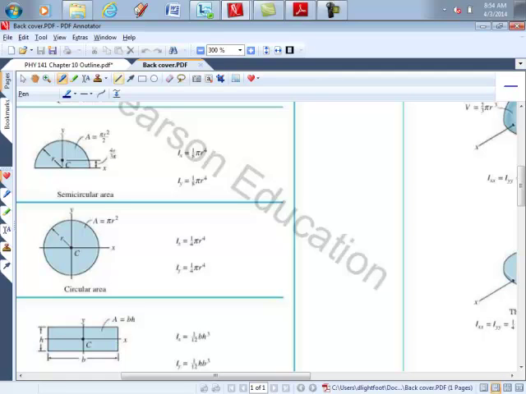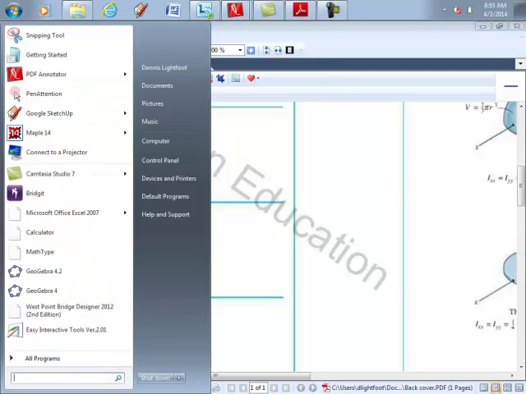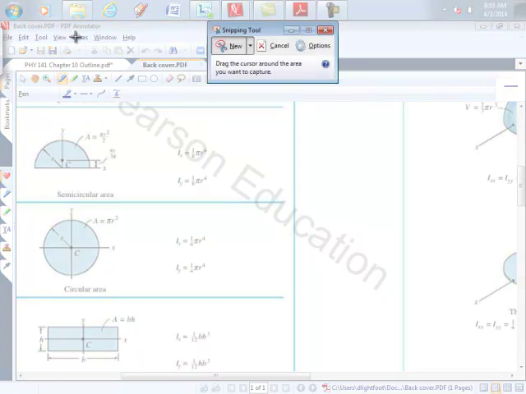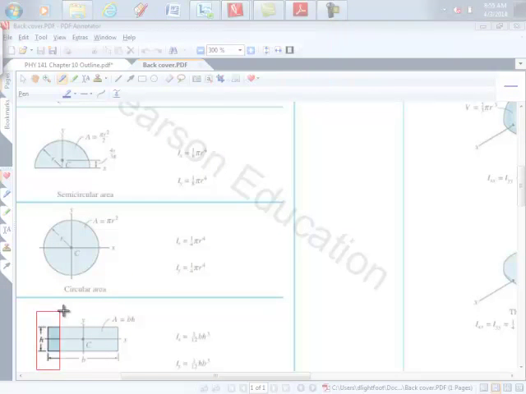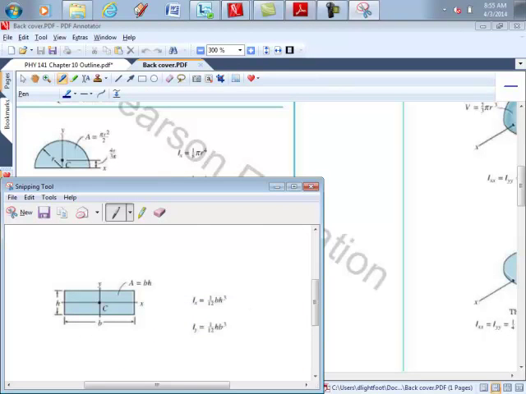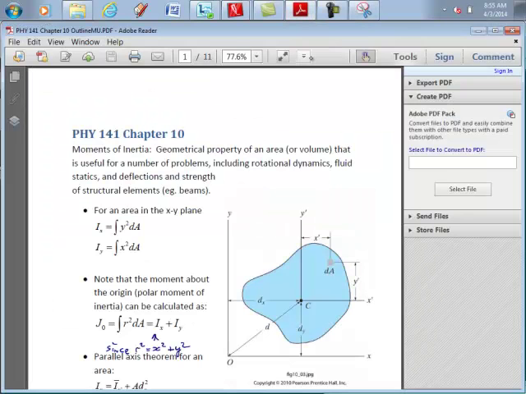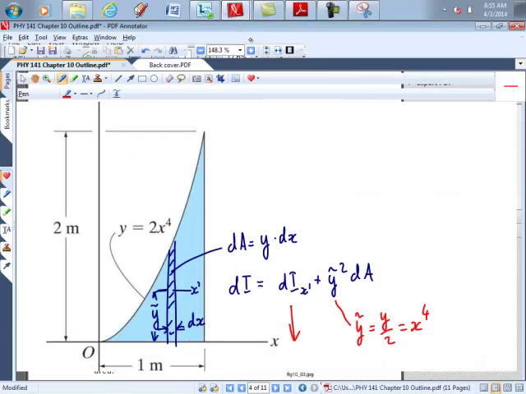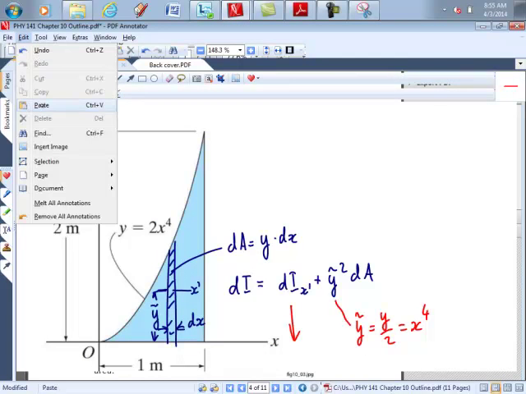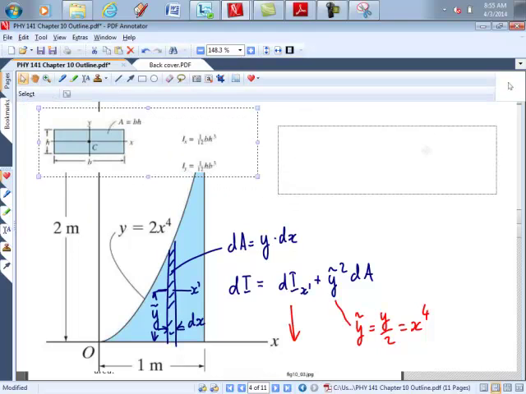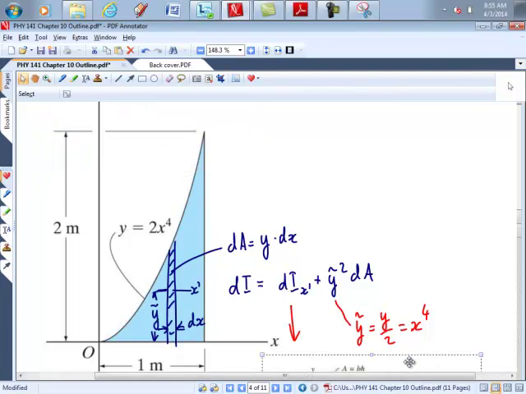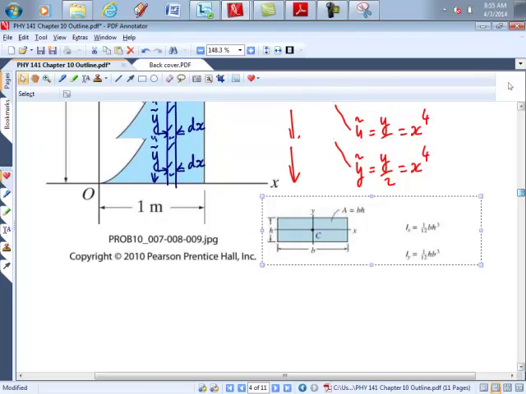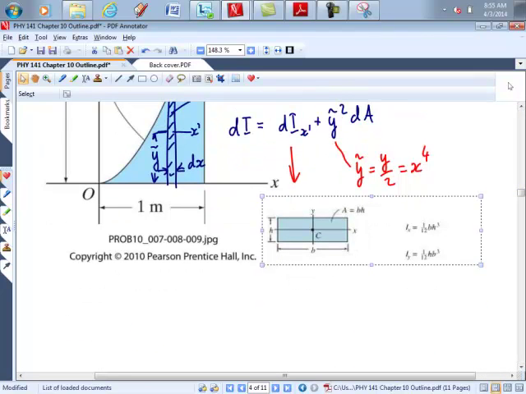So let's cut that out and put it on our page. Okay, so there's our rectangle.